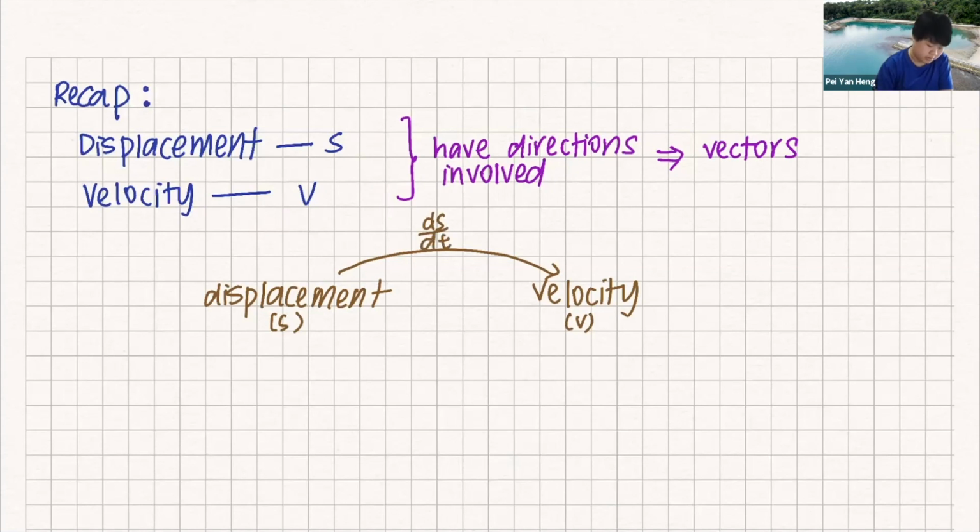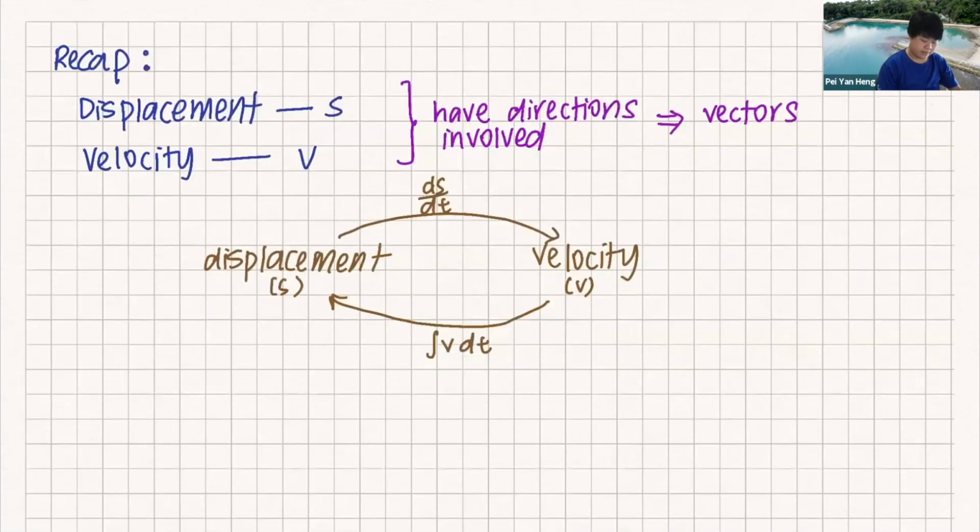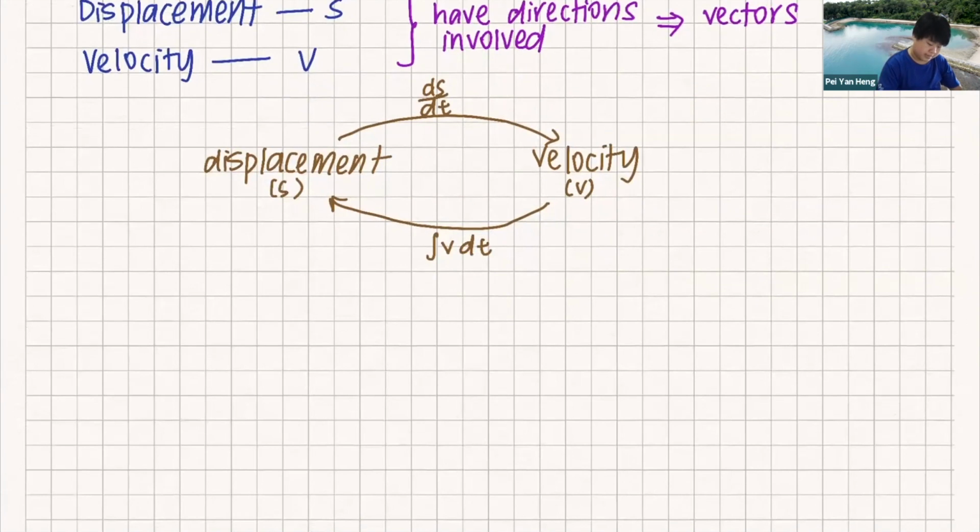And I briefly talked about if you are given velocity and you need to find the function for displacement, you will have to integrate with respect to time. All these functions are with respect to time, so the time factor will be one of the variables in the equation.